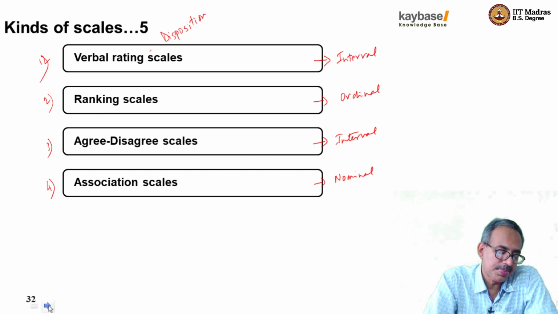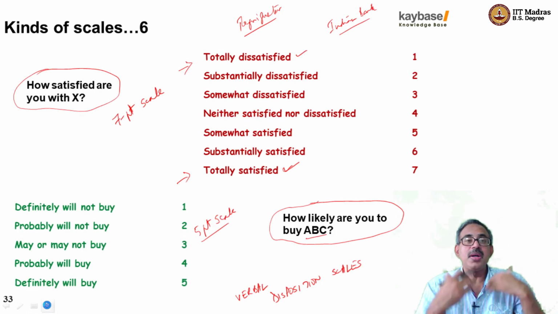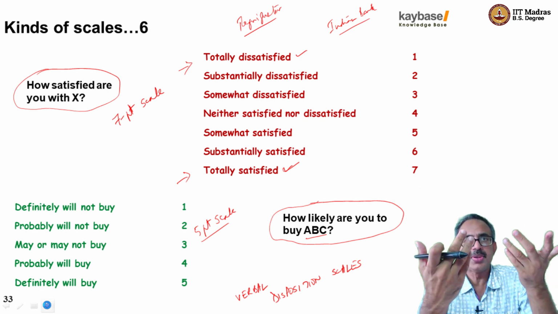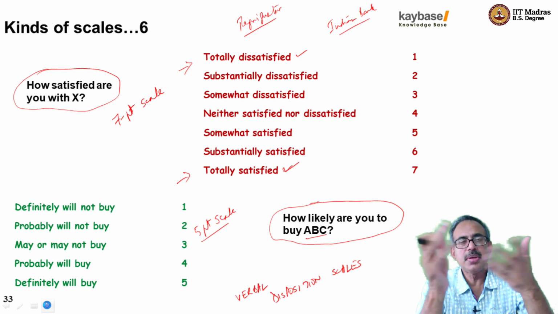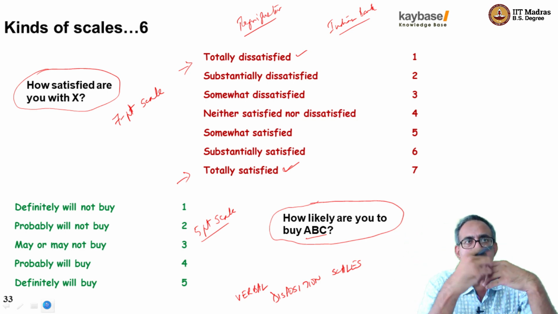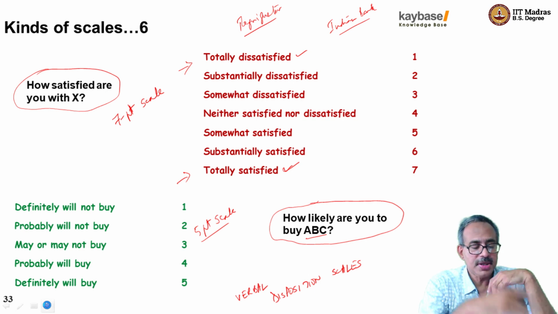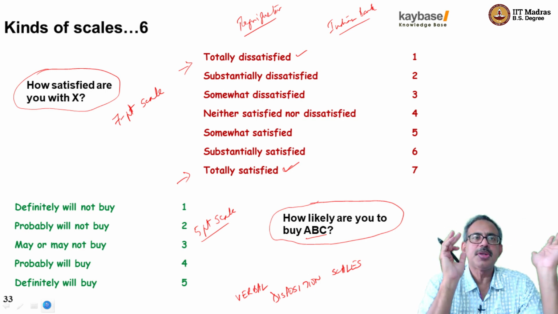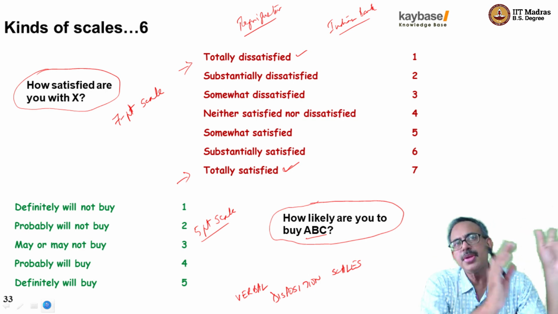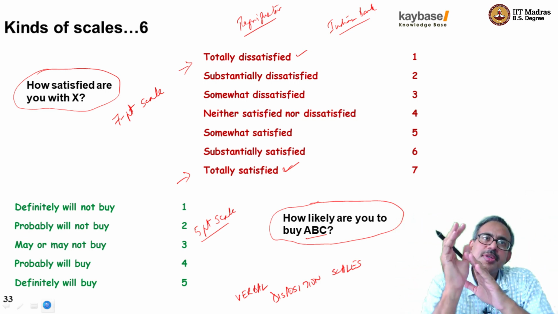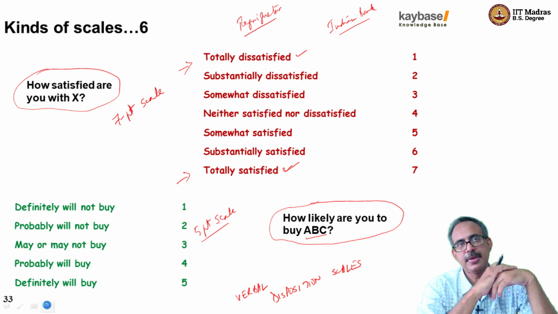The point is, words try to capture how you're disposed, what your opinion is. It's a verbal scale, totally dissatisfied. Right? The words try to capture your opinion. So the words try to capture, like, I will definitely not buy this product. I will probably not buy this product. I may buy, I may not buy. I'll probably buy this product. I'll definitely buy this product. Right? This is called a 5-point scale.